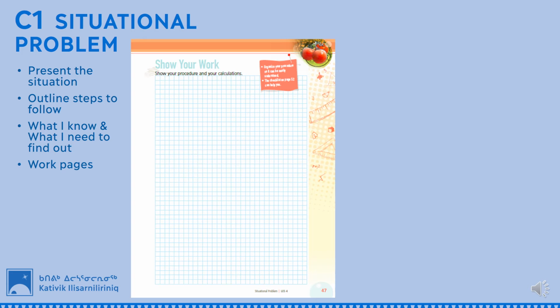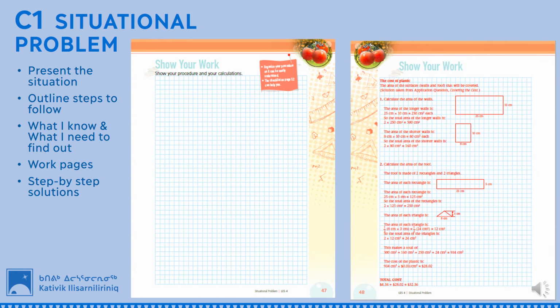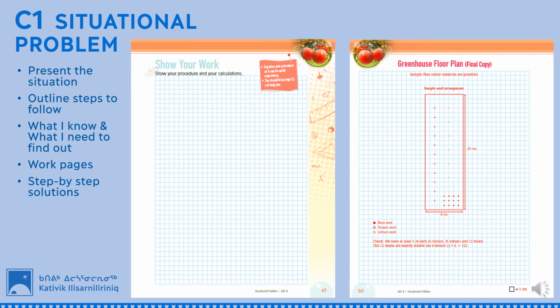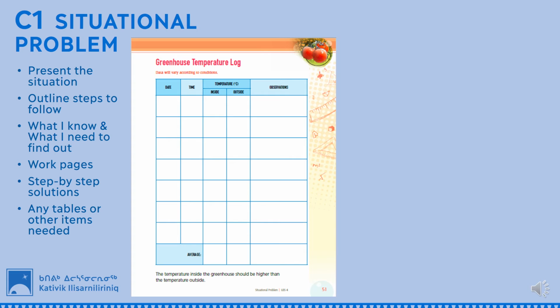Several graphic work pages are supplied to give students all the space they need for their work. Step-by-step solutions are detailed in the answer key. Any tables or other items needed are provided.